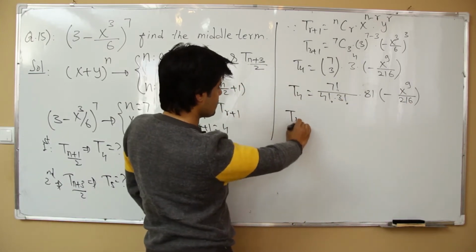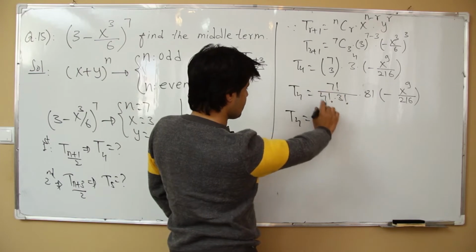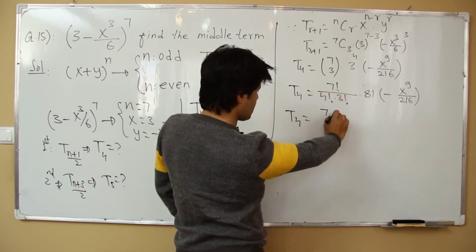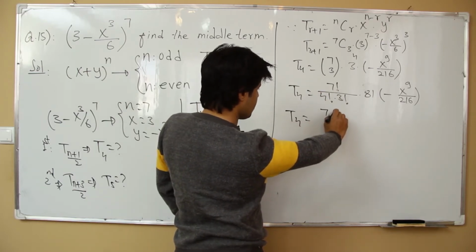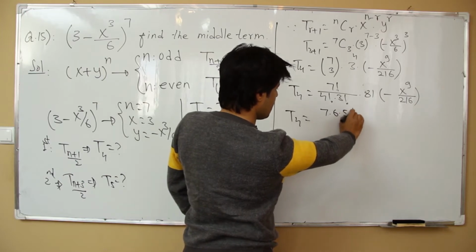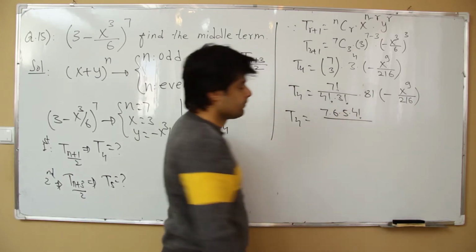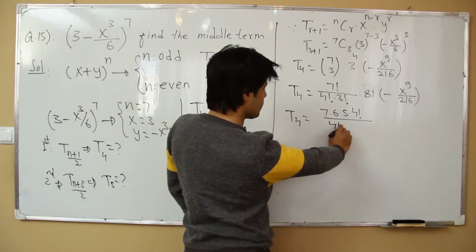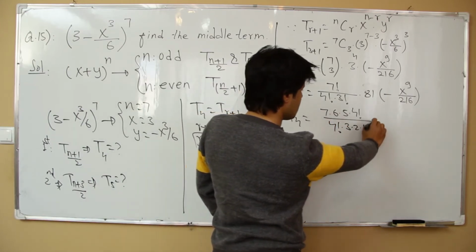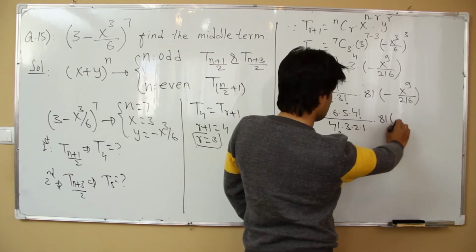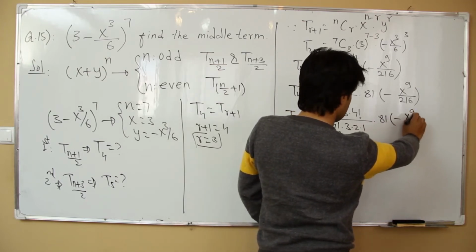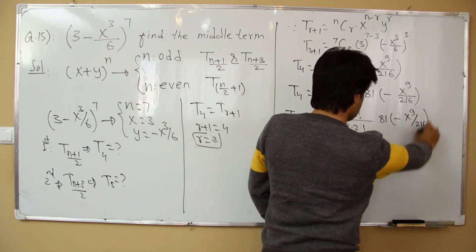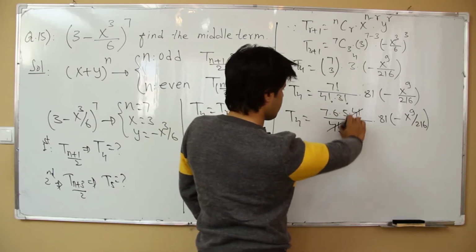Now if you want to simplify, T4 is 7 factorial, and you can simplify it up to 4 factorial: 7, 6, 5 and 4 factorial, divided by 4 factorial times 3 factorial, which is 3, 2, 1, times 81 times minus x to the power 9 by 216. This can be cancelled.